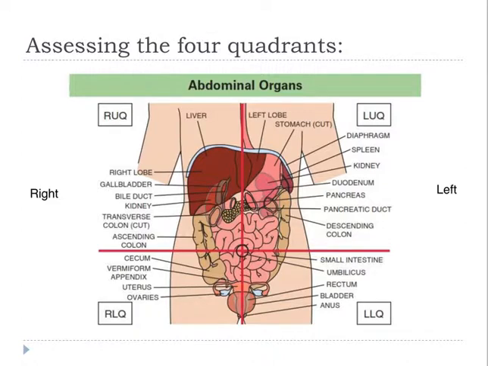Then remember that each quadrant holds different information. So this picture I like because it breaks down those four quadrants into details and helps us remember what components of the GI system is located in which quadrant. So, for example, this is helpful when we're talking about GI bleeds.